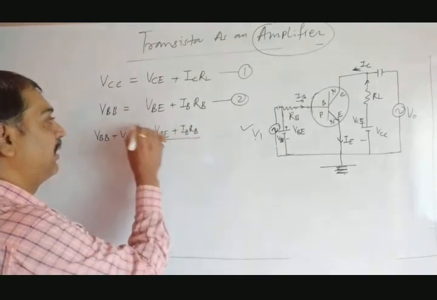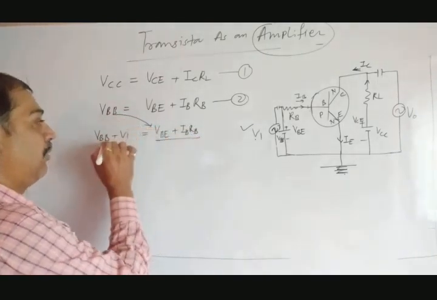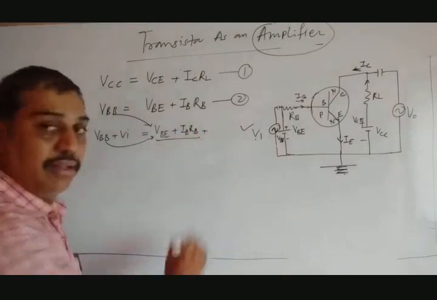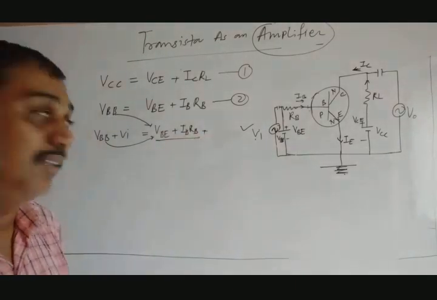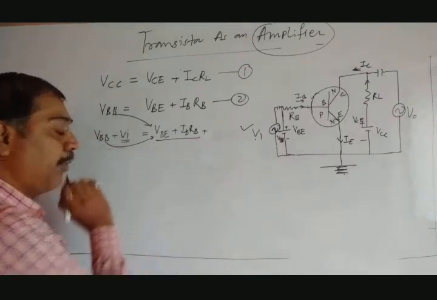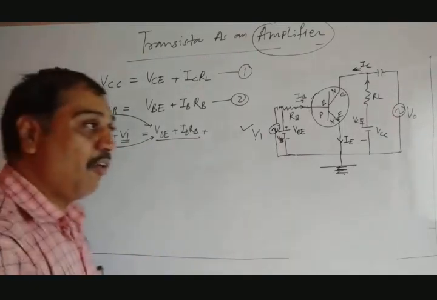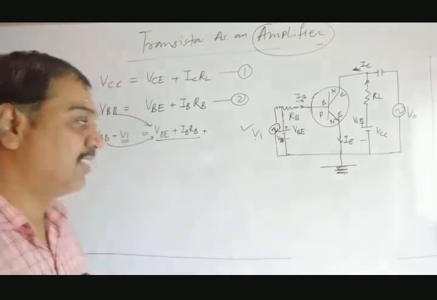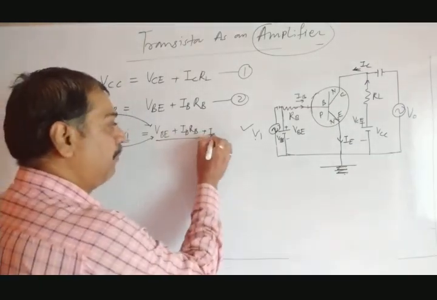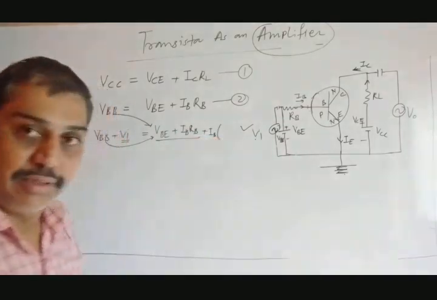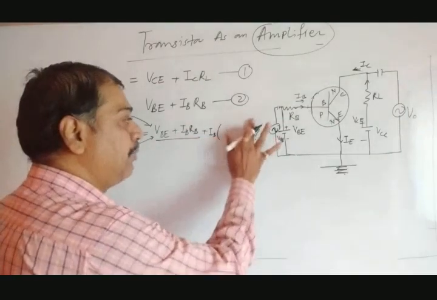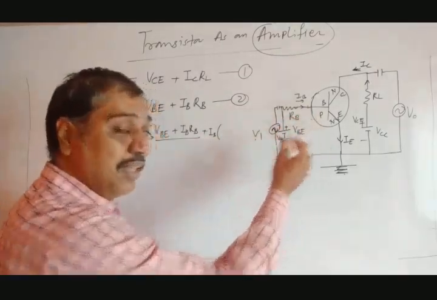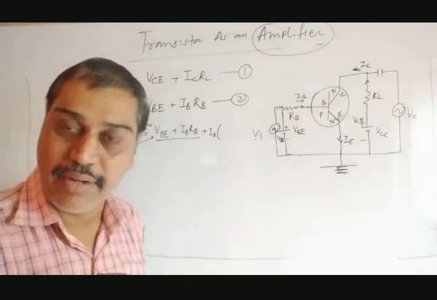This part is nothing but the VBE value that we have put here, plus something. What is that something? Plus the applied input voltage VI, and that, according to Ohm's law, is the product of current into resistance. So it becomes IB into the bracket. The value becomes the total resistance, RB plus some input resistance that we found in the characteristics.